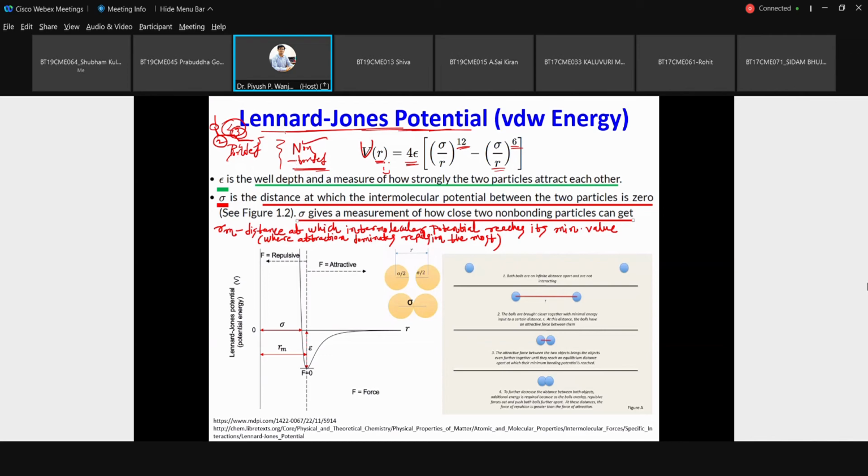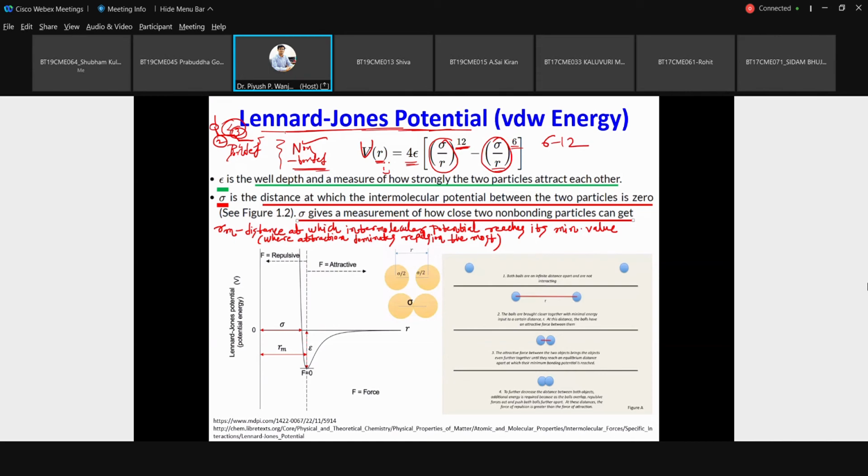If you do this with your current computational theme, it is going to be very time consuming. So people use some approximation, but still want to be as close as possible. There are different variations of this formula, but this one has been designed such that sigma by r is raised to the power 12 and sigma by r is raised to the power 6, so it is also called the 6-12 potential.